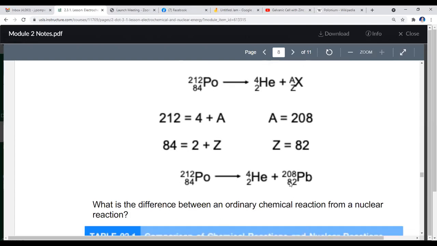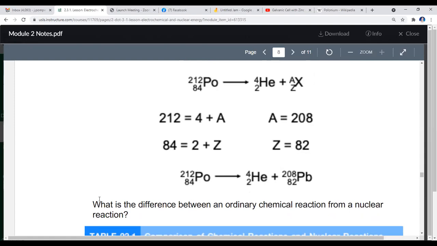And that particular element that your polonium decays into, while emitting an alpha particle, is your plumbous or plumbic atom, or what we call the lead atom. Okay. Now 208 for its mass number and 82 for its atomic number.